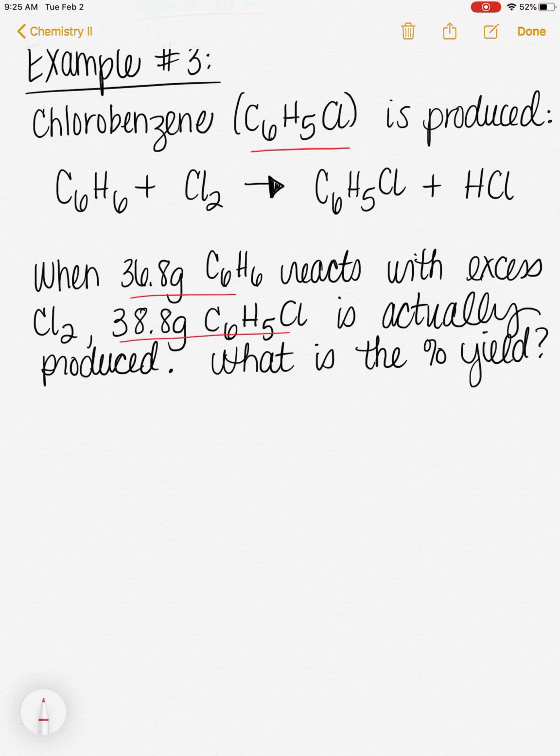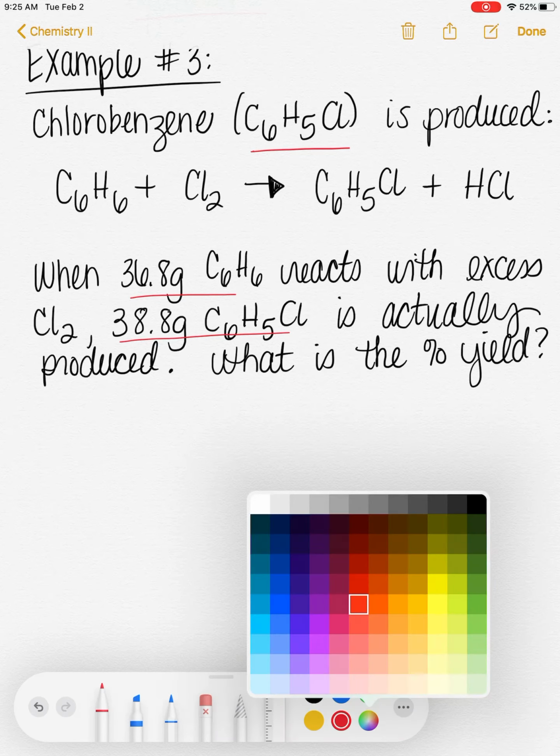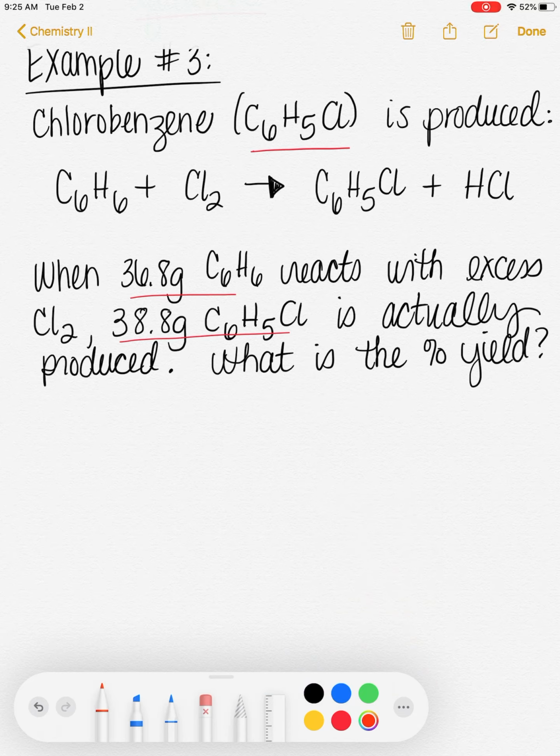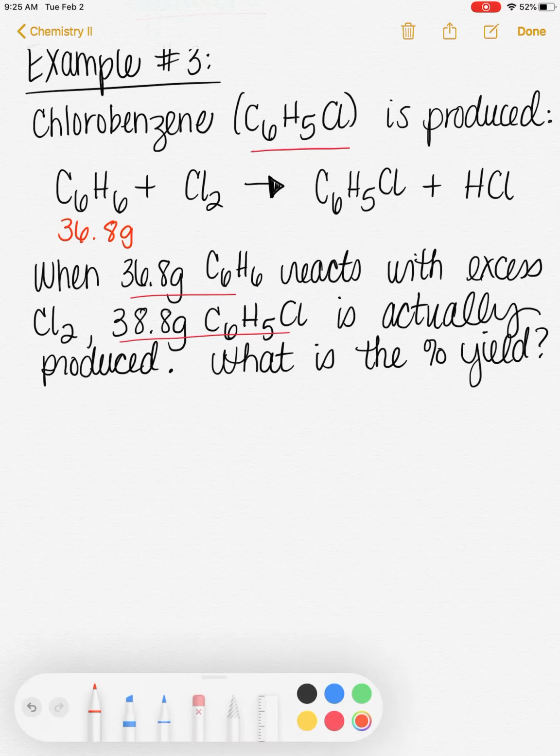All right, this looks a lot like yesterday's problem in that we are given two numbers, but I would like for us to stop and think about what those numbers are. That 36.8 grams is of the C6H6.